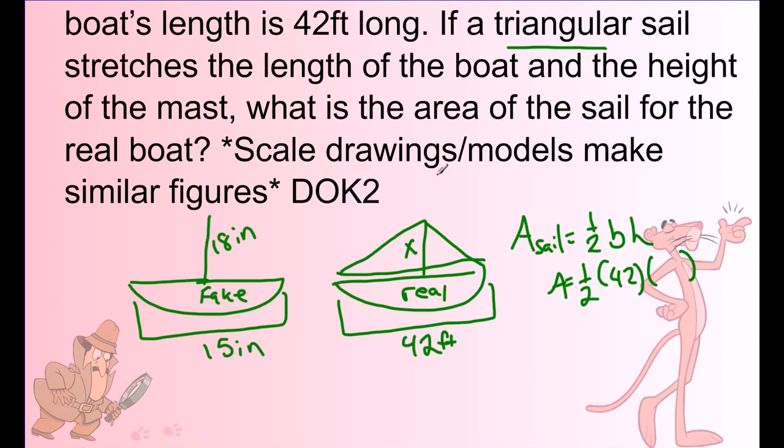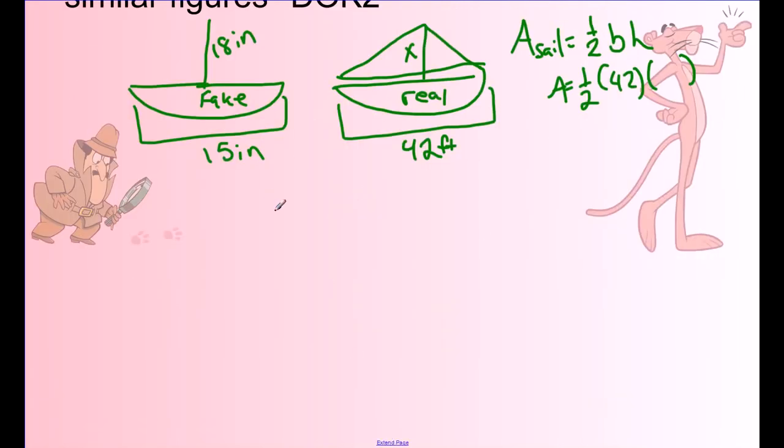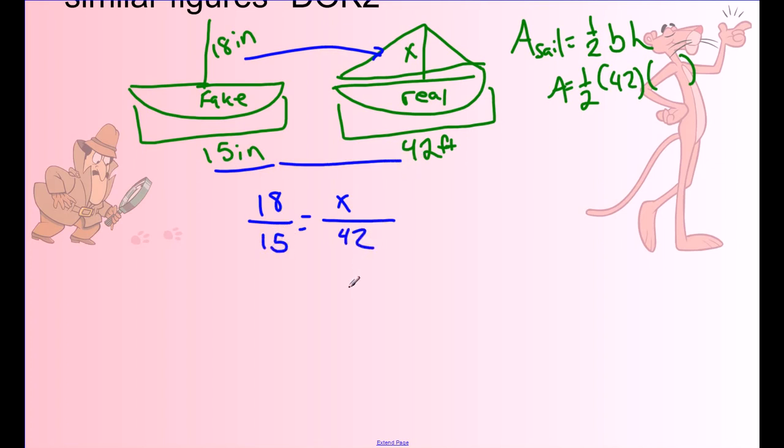See, scale drawings make similar figures. These are similar figures, so I can use a proportion. 18 corresponds to x. 15 corresponds to 42. Cross multiply here.